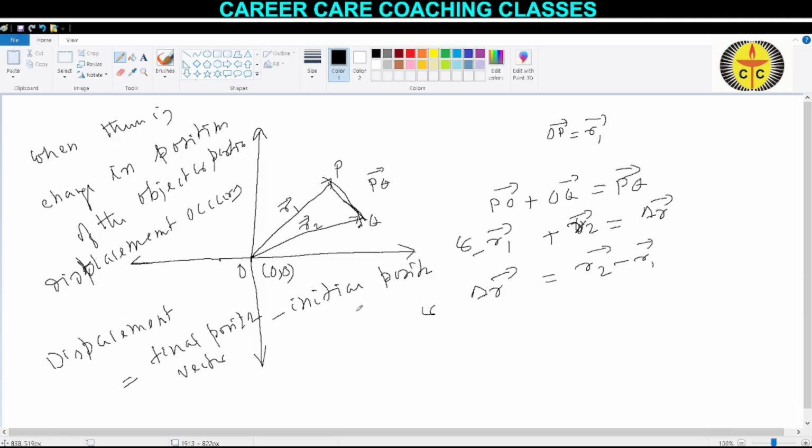That means delta R is equal to R2 minus R1. This is the expression for displacement on a plane.